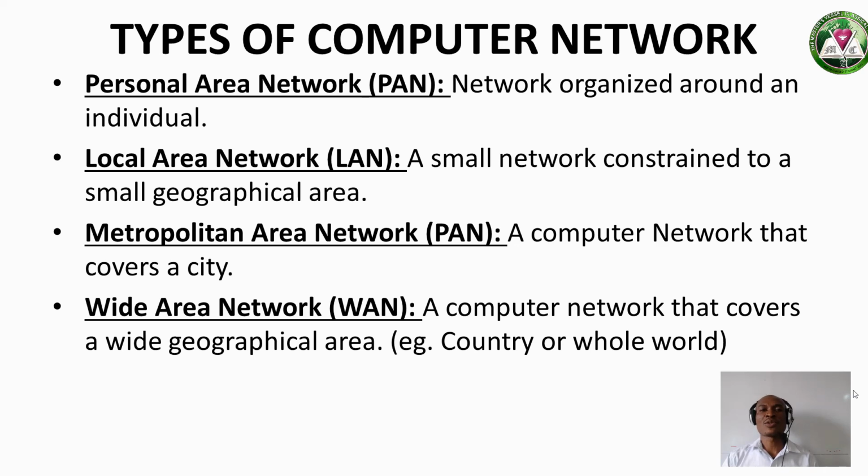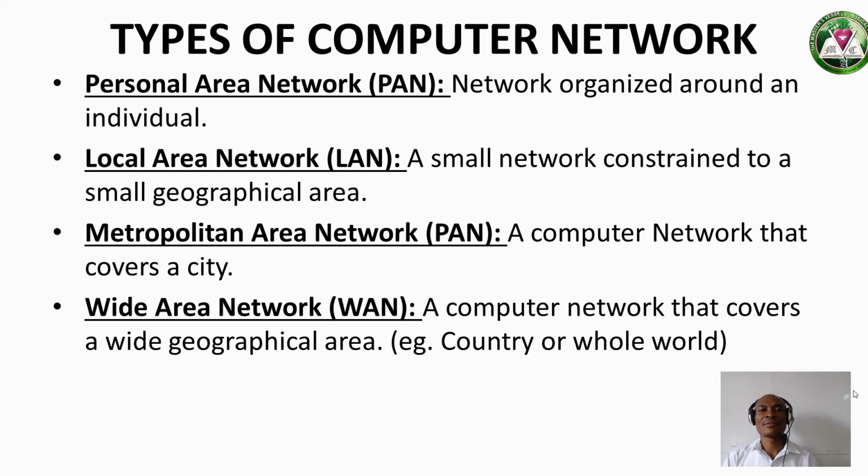So we look at personal area network, PAN. This is just a computer network organized around an individual. Maybe when you have your computer system connect with your phone or with another system, just a small network organized around an individual is called personal area network.